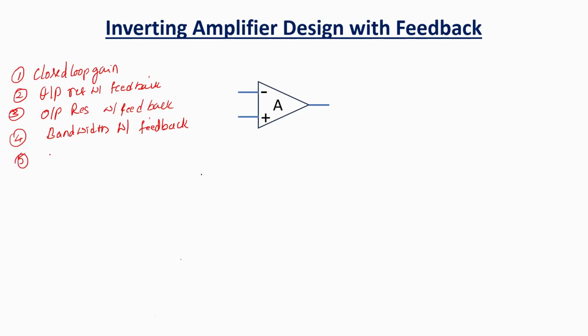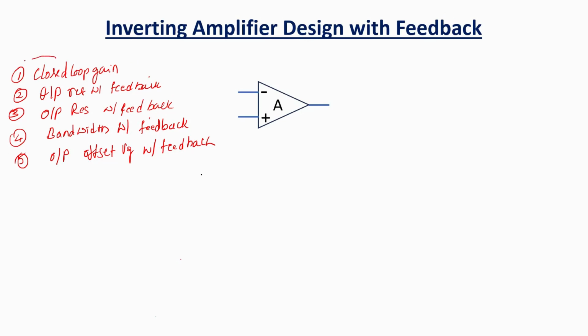And one more, last, is the output offset voltage with feedback. So these are the five fundamental things that we are going to study on the inverting amplifier.